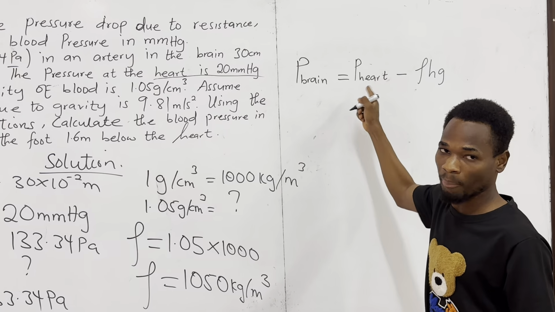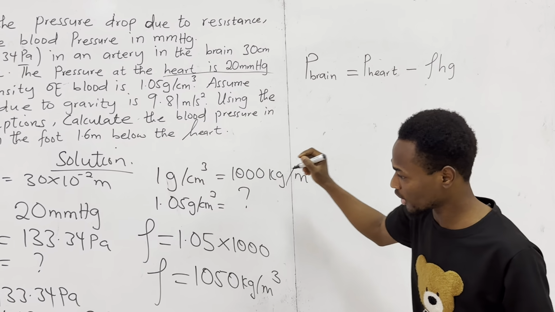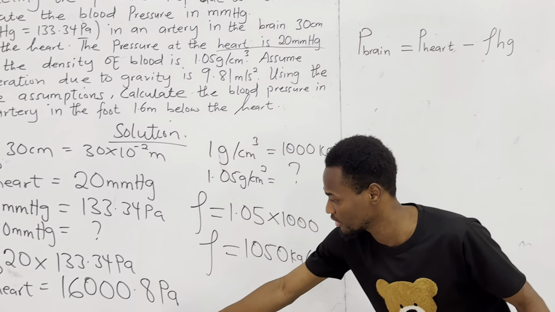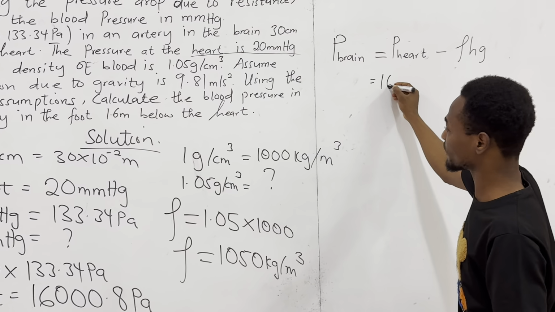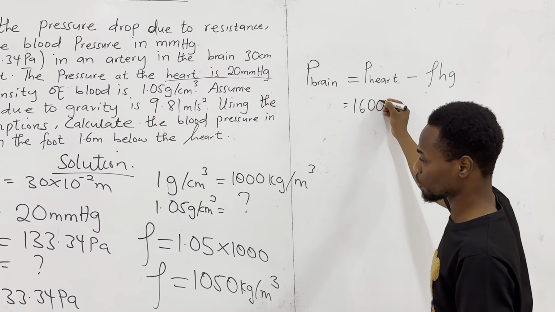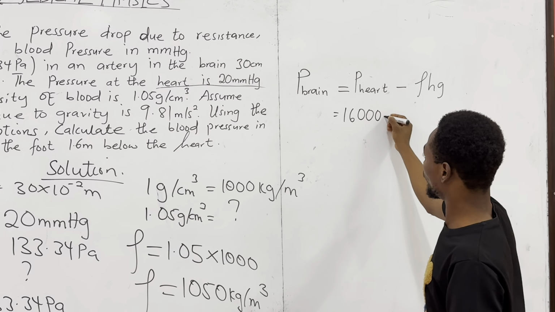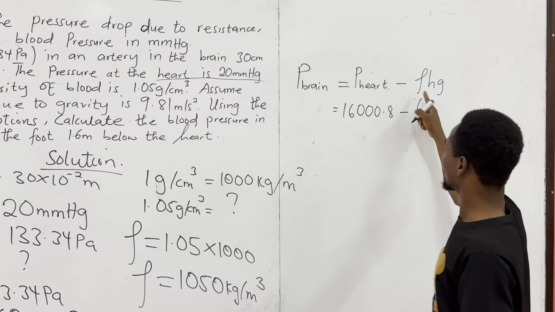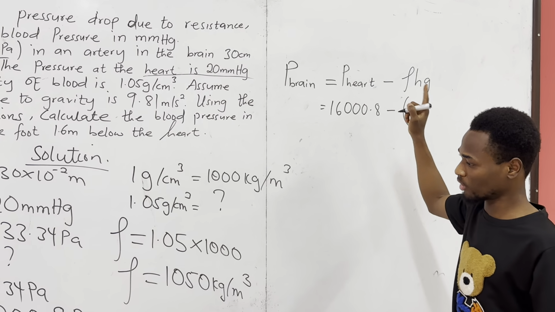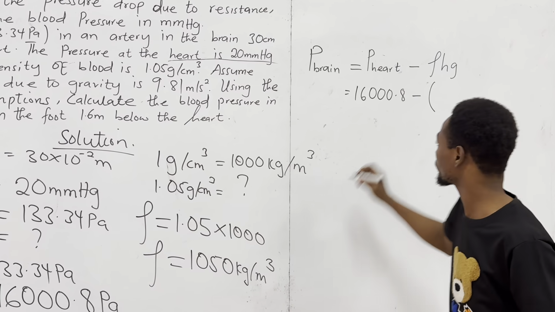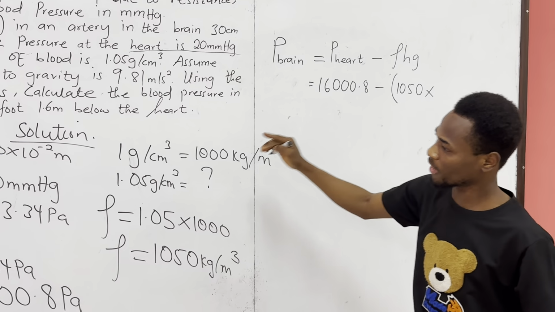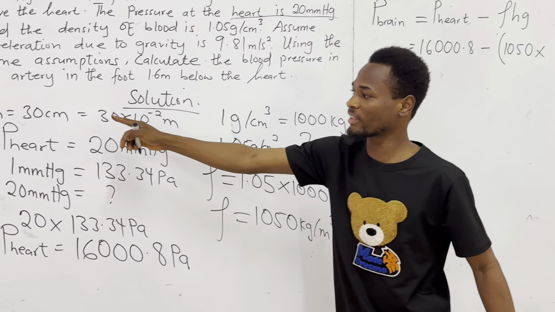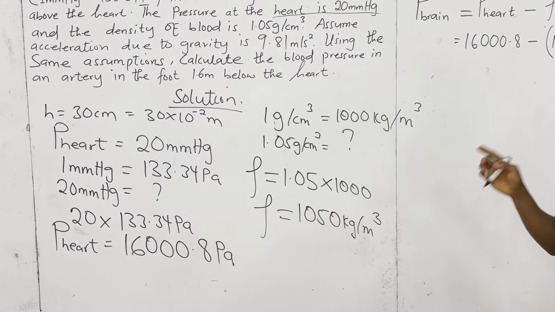I know the pressure of the heart, which has been calculated over here in Pascal: 16000.8 minus then rho, that is the density of the blood, 1050, times the h, which is the height. In the question, I have it as 30 centimeters or 0.30 meters.